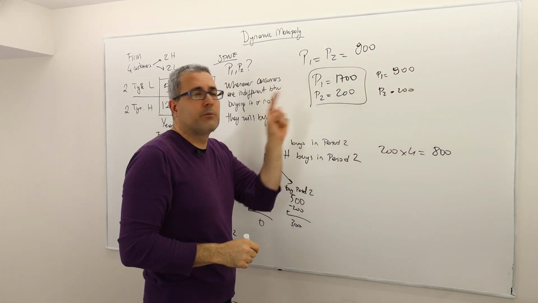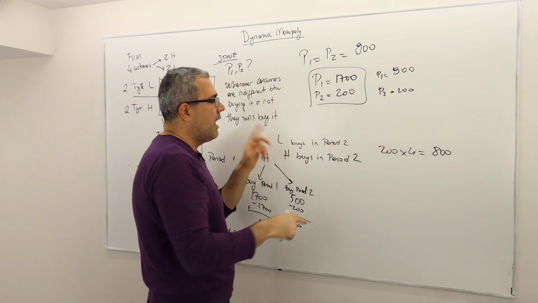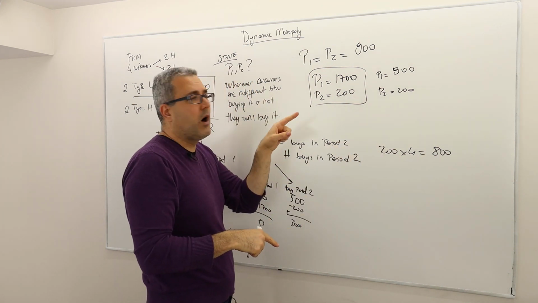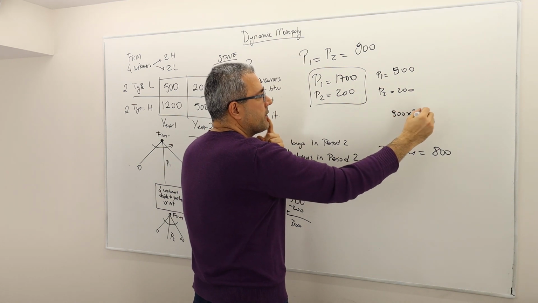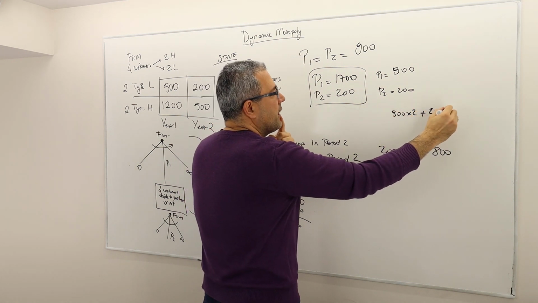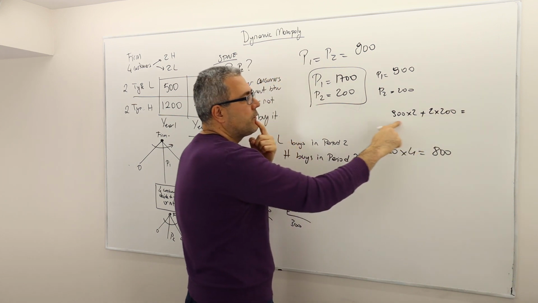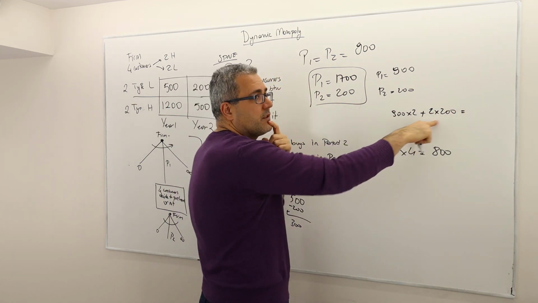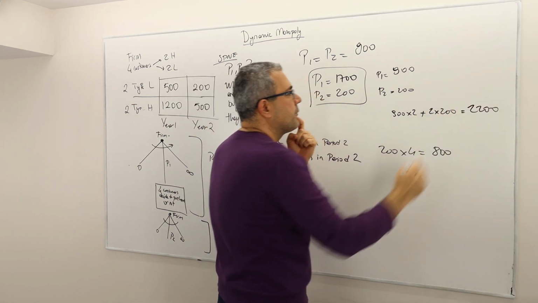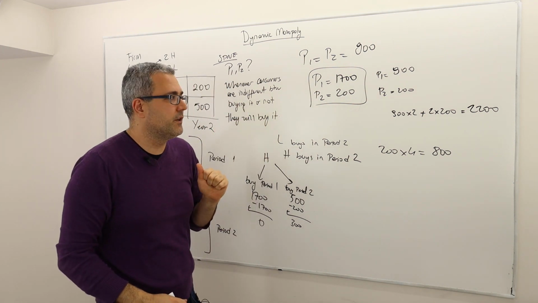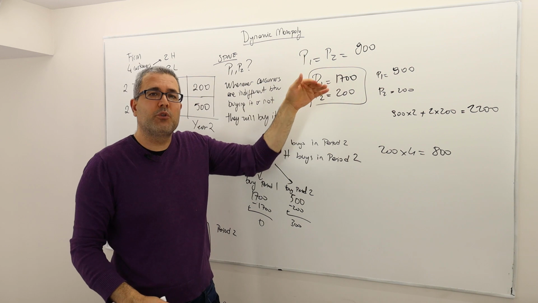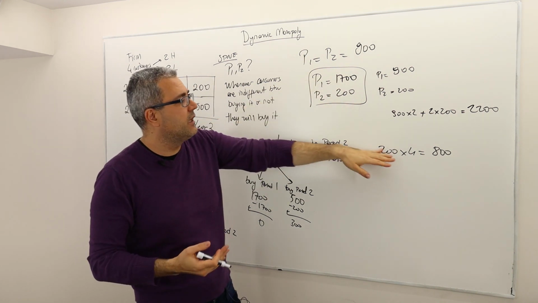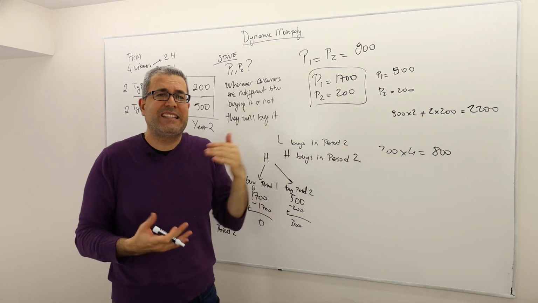Well, there the profit was, remember, high types were buying in period 1, and so it was 900 times 2 customers plus 2 guys are buying in period 2, so therefore this is 1800 plus 400, 2200. Definitely higher profit. So by increasing the price, I actually reduced my profit significantly.